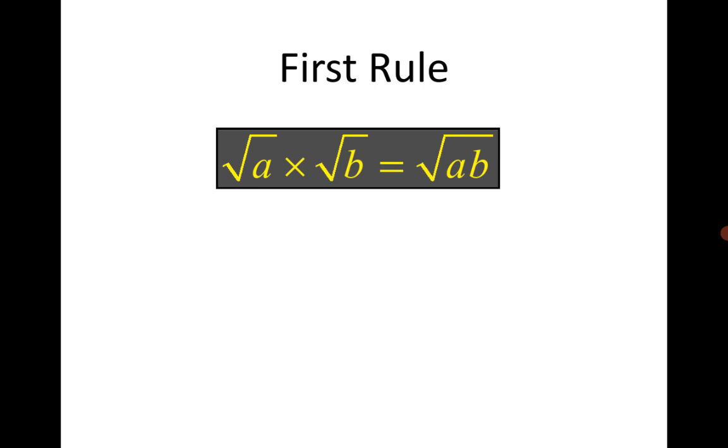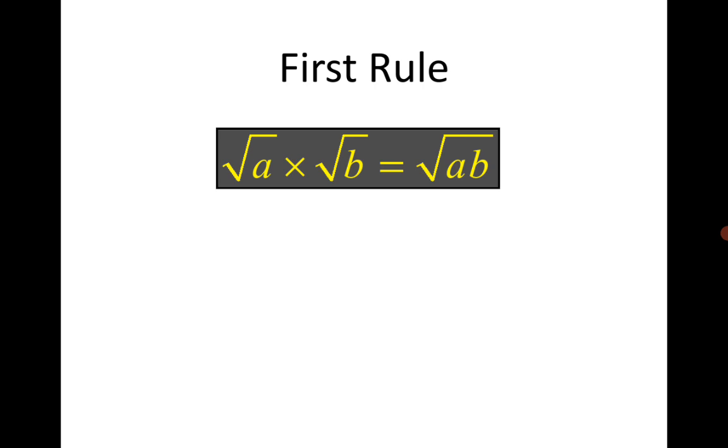Let's look at rules of surds. Remember, in mathematics, we have a lot of rules. We have what are called the rules of indices. We have rules of logarithms and other rules.